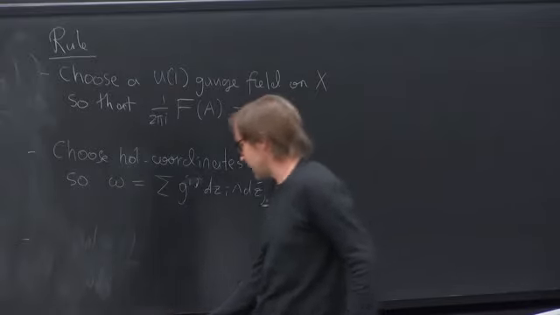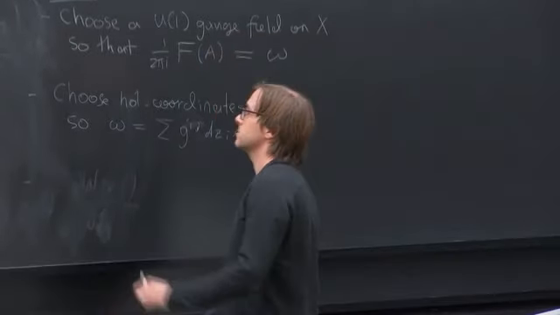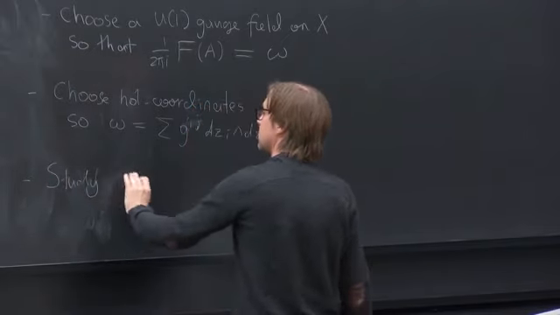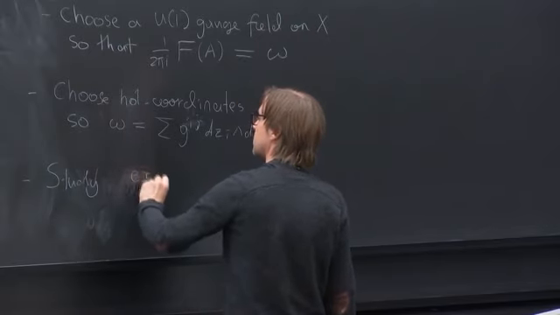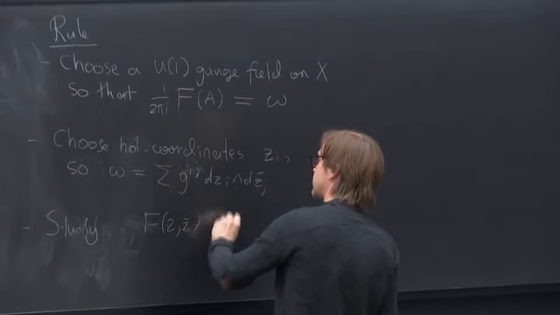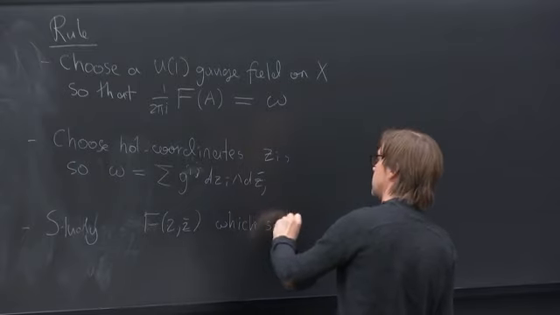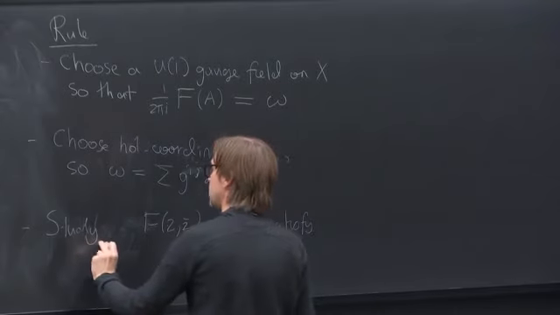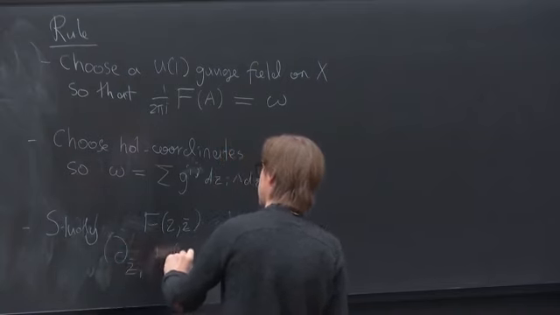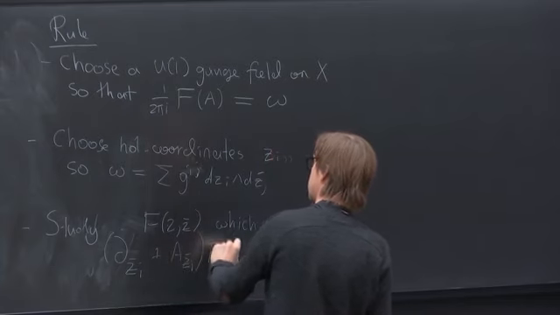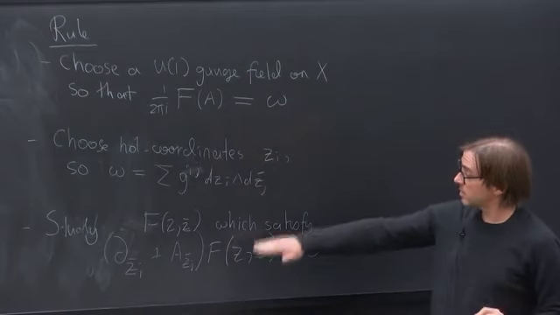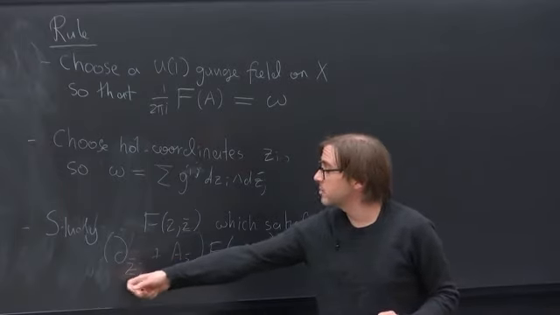In any case, the last part is, we study functions z bar which satisfy del z bar I plus a z bar I, which are not constant, are not independent of z bar.